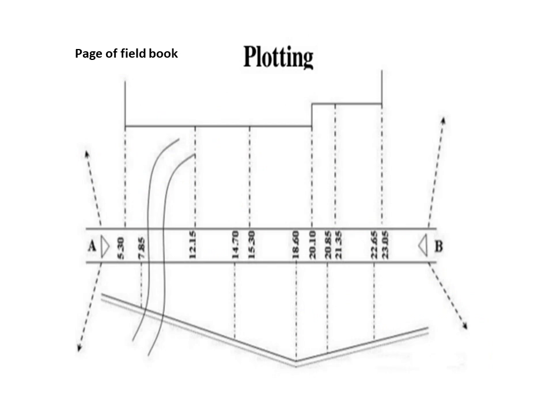So this particular slide refers to plotting the two lines. This is a page of a field book. Generally the two lines are drawn at the center. Here in this diagram, A and B are the two surveying stations, which are shown with a triangle.